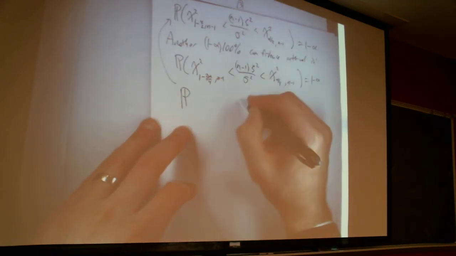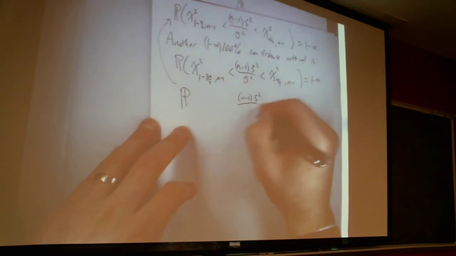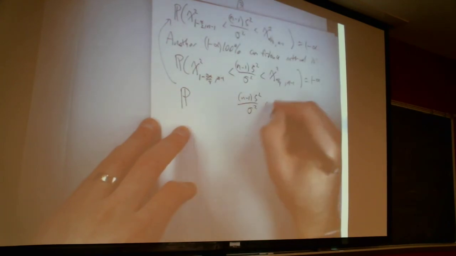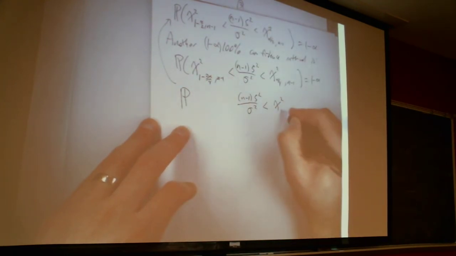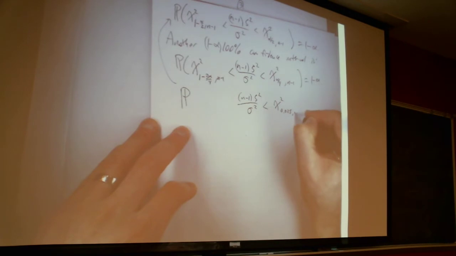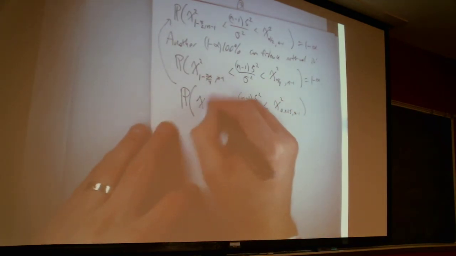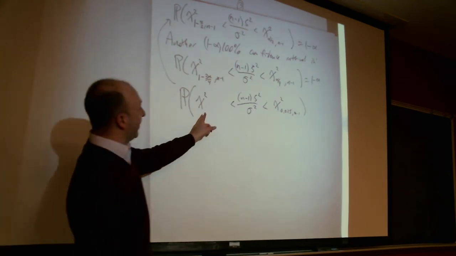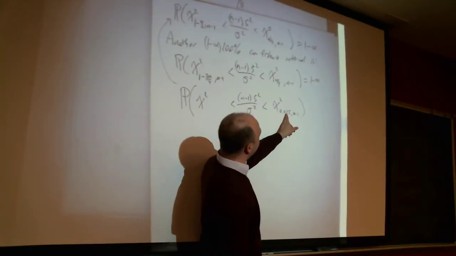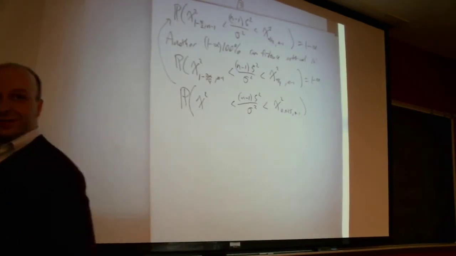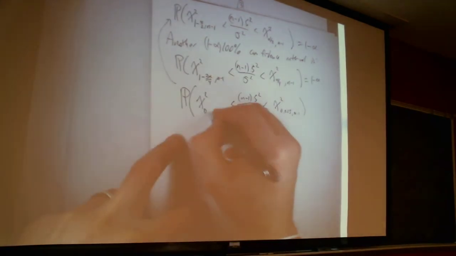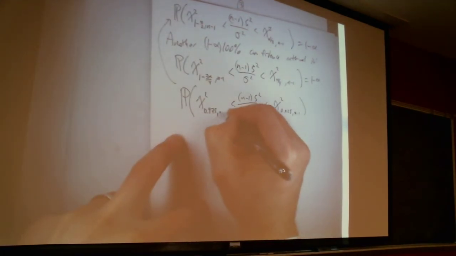So here I still have my chi-squared variable. This is chi-squared of 0.025, n minus 1. And this is chi-squared of 0.975, n minus 1.